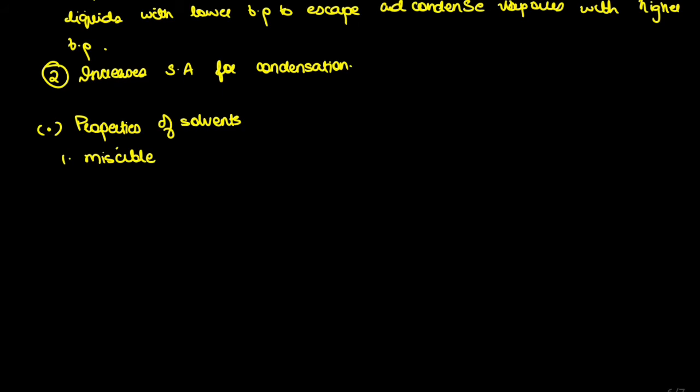Alright, I hope you have come to an answer. The second property of solvents being used in fractional distillation is that they must have different boiling points. Why? Because it's a process based on the difference in boiling point. You cannot do it on substances which have the same boiling point, because both will escape at the same time. Now you don't want that.